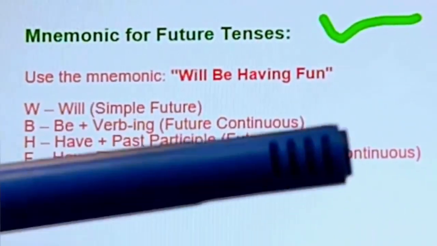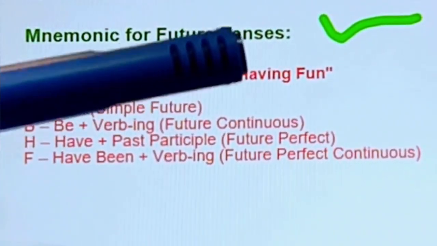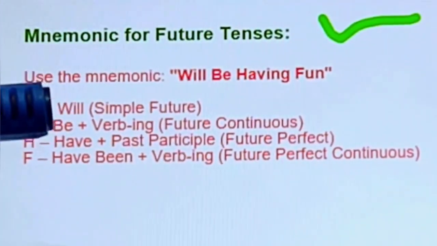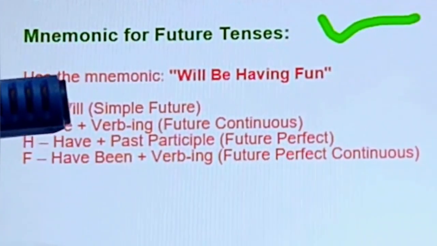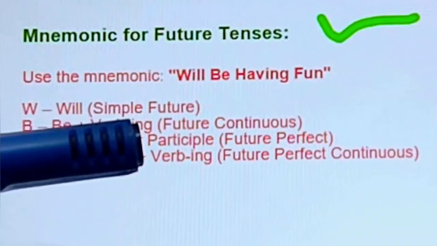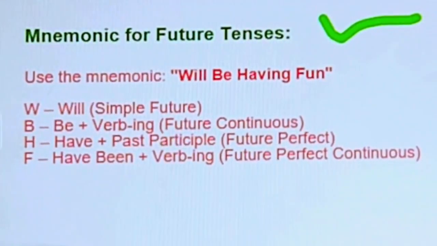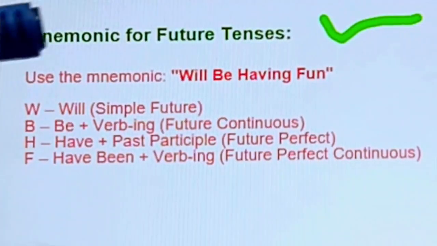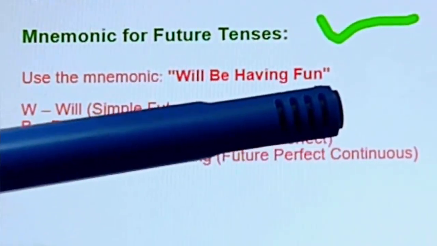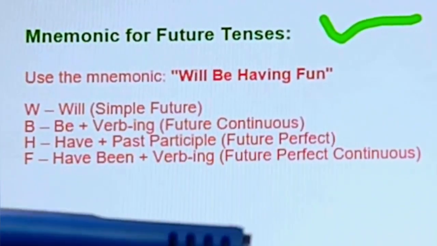This is a very short sentence and it covers all the future tenses: simple future, future continuous, future perfect, and future perfect continuous. It covers all 4 tenses in just a small sentence, very easy to remember.